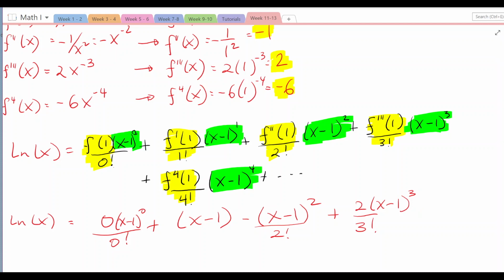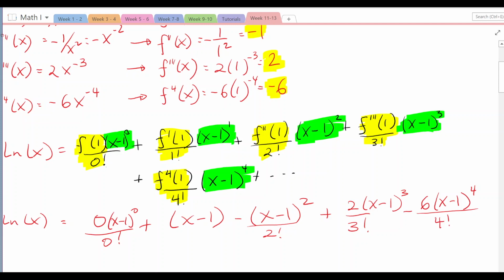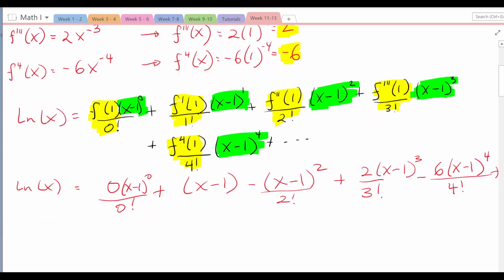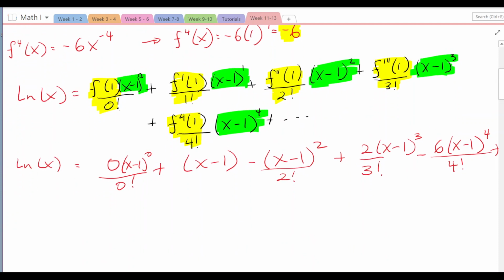So put negative 6 x minus 1 to the power of 4 divided by 4 factorial. That's the power series expansion. Don't forget to write dots. Okay, let me just write down a little bit there to the dots, and can just write one more time ln x equals to 0, and then plus, in this case, x minus 1 times 1 factorial.